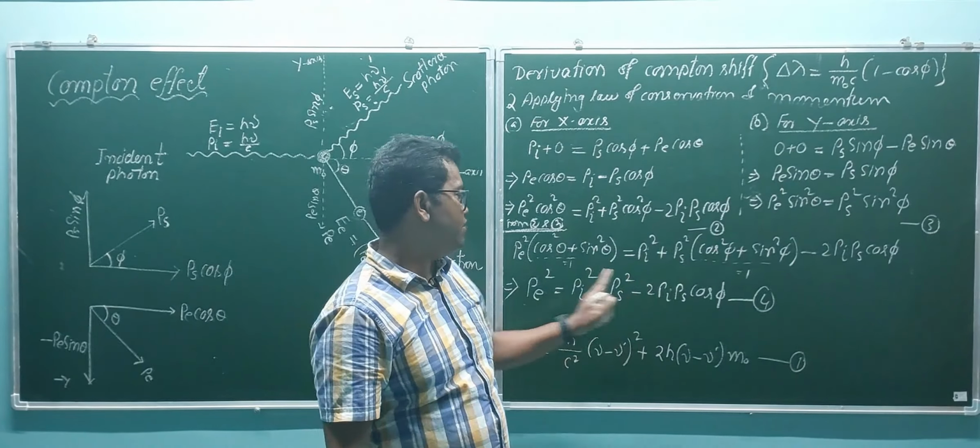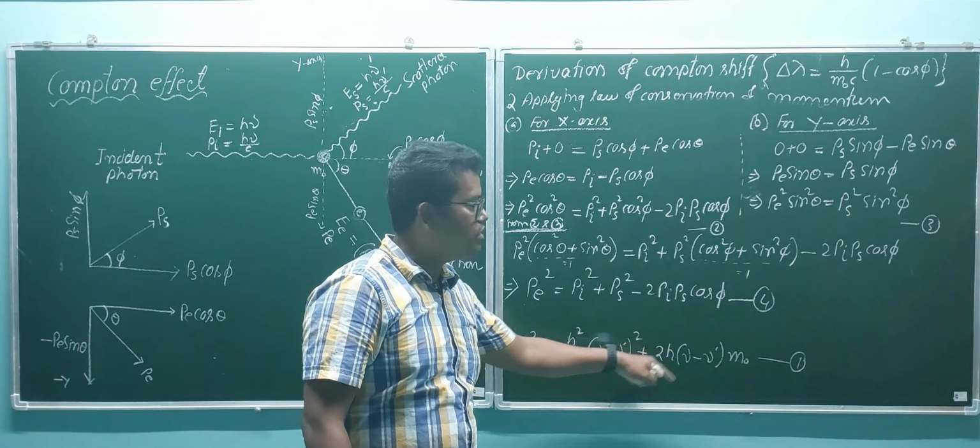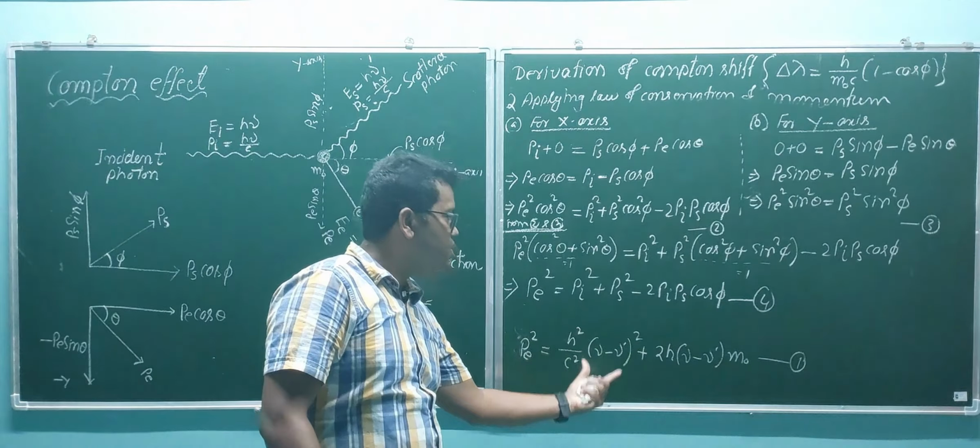See equations 1 and 4: the left side is equal, so the right side is equal. So from equations 1 and 4 we can write this equal to this.